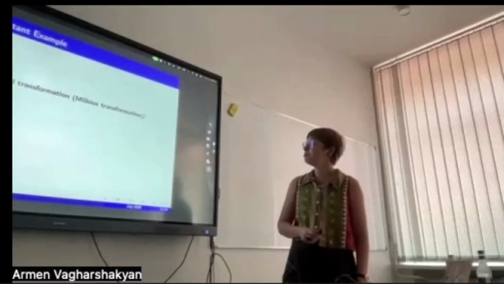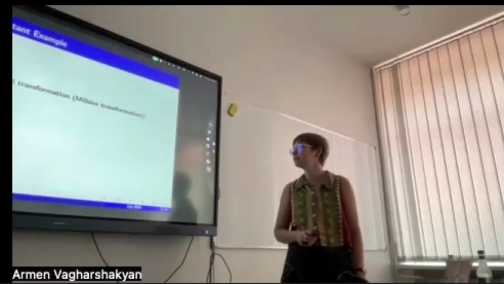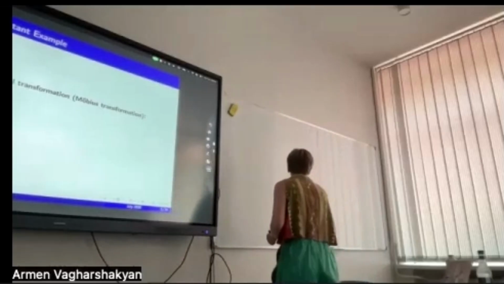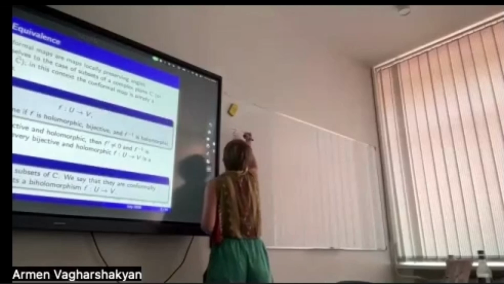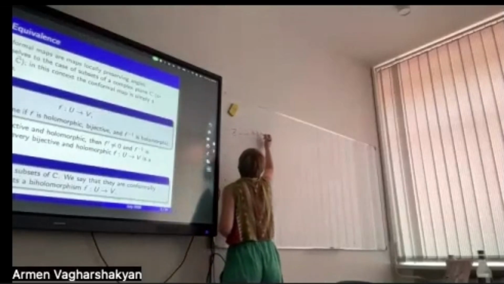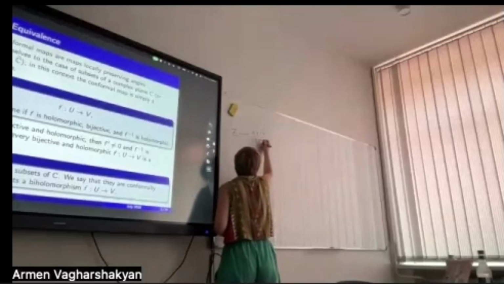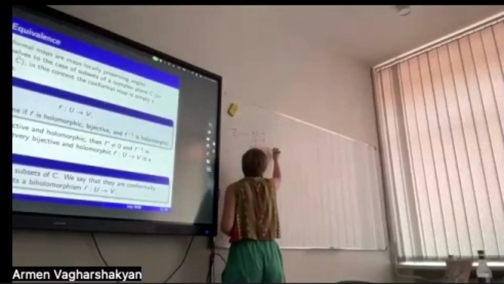The important example of conformal maps is the Möbius transformation. I'm sure you already saw it. So we are taking a point z and mapping it to (az+b)/(cz+d), where ad minus bc is non-zero.